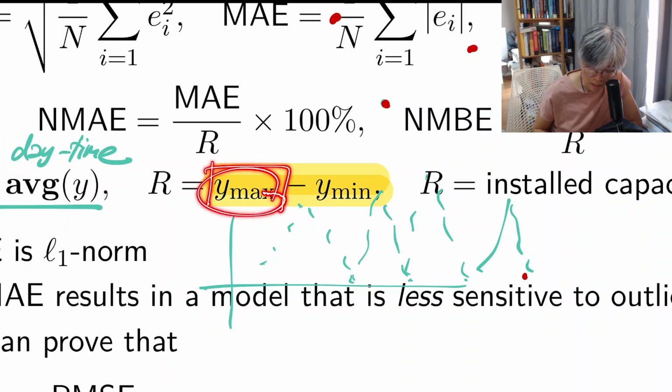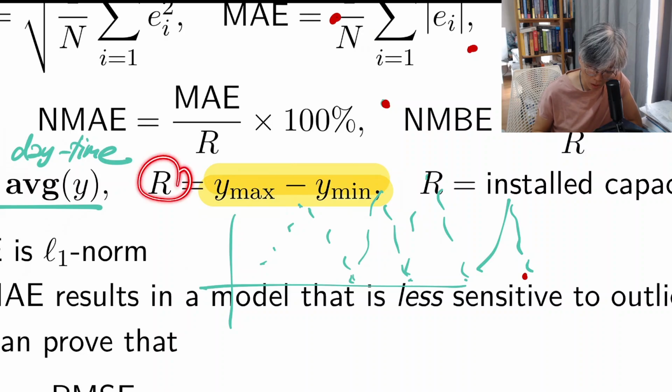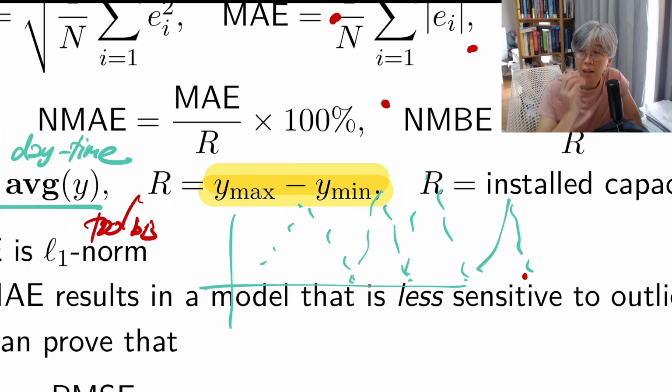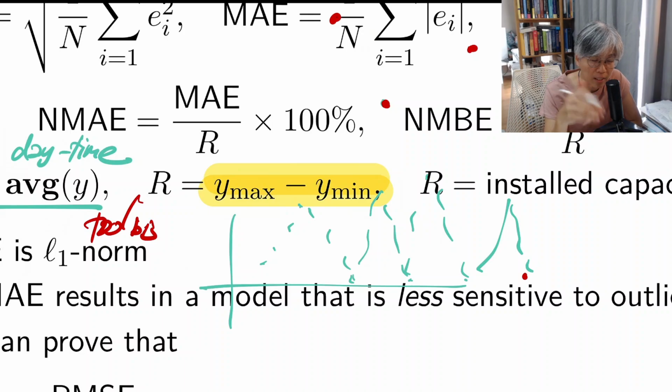When your Y max is extremely high, or the Y min is too unrealistically low, it makes your R too big. All right. So that's unrealistic. It doesn't explain the majority of the data.